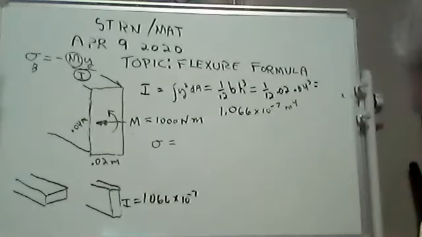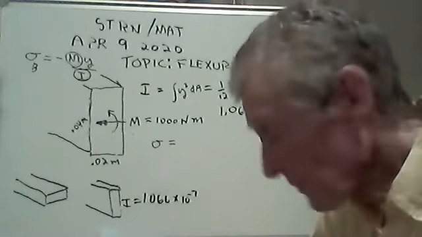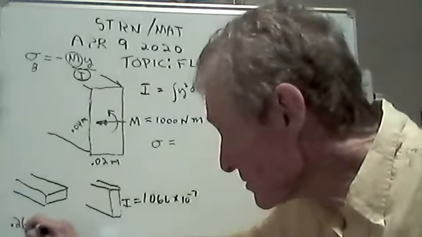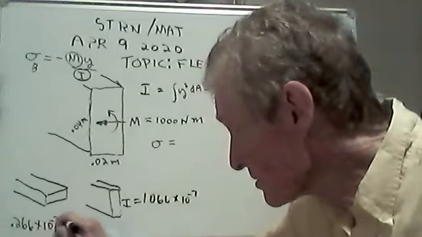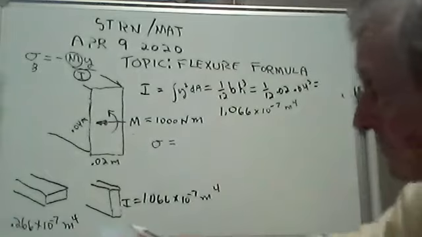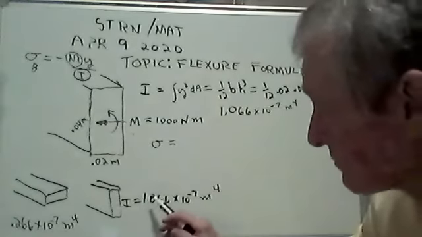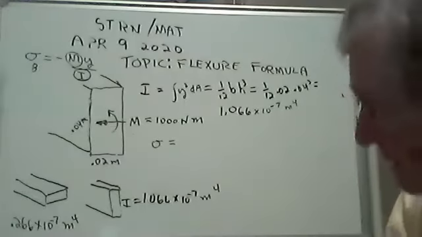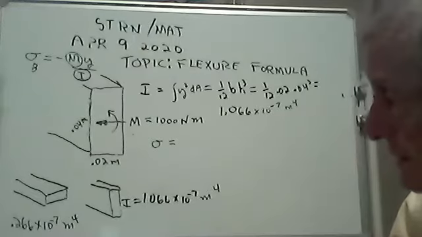You take 1/12 times the height, which is 0.04, times the width, 0.02 cubed, and you get 0.2 bunch of sixes times 10 to the minus 7 meters to the fourth. And like Gavin was trying to tell us, this is 5 times that. See, if I multiply that by 5, no, it's not 5 times, is it? It's actually about 4 times, not 5.